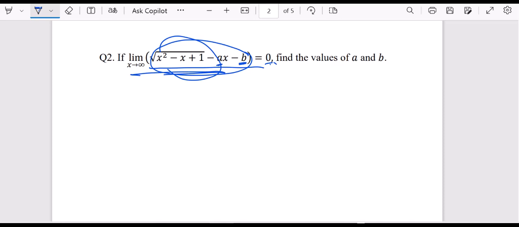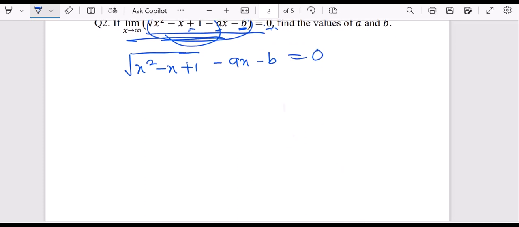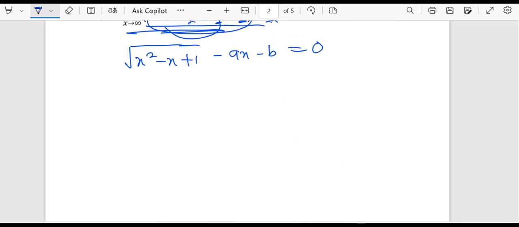So we have to equate this to 0. We now have root of x squared minus x plus 1 minus ax minus b all equals 0. So we just have to solve for a and b.